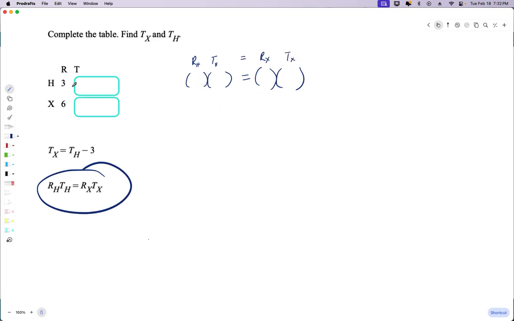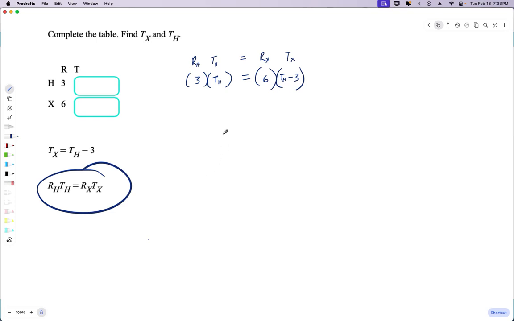So I'm going to sub in RH is 3 and RX is 6. TX is equal to TH minus 3, so I'm going to put that in. TH minus 3. We don't know what TH is, so it's just going to stay TH.